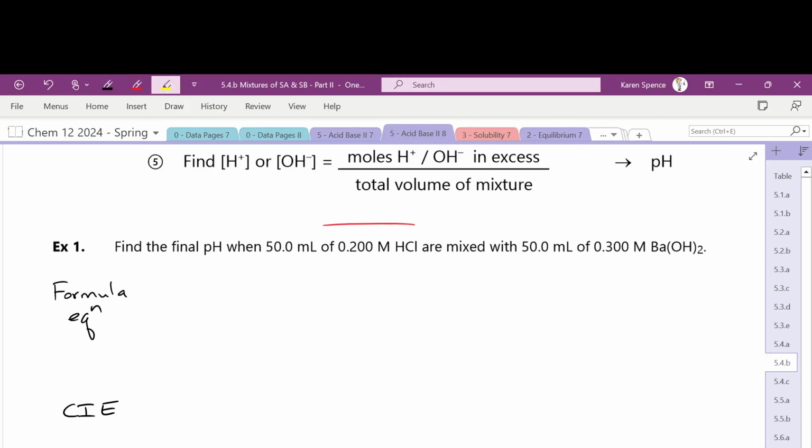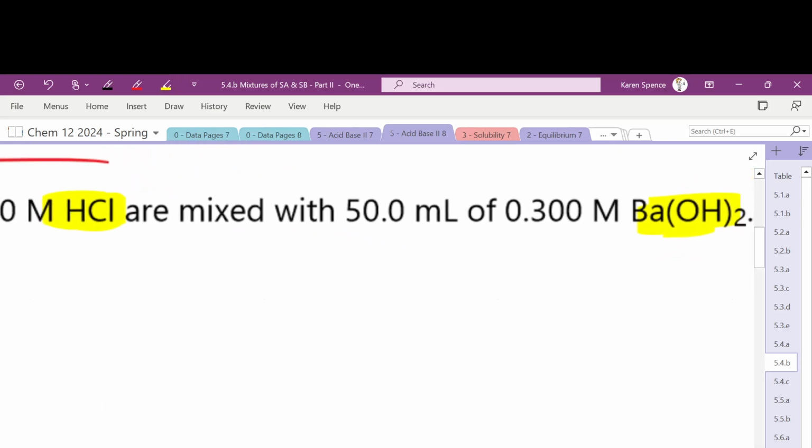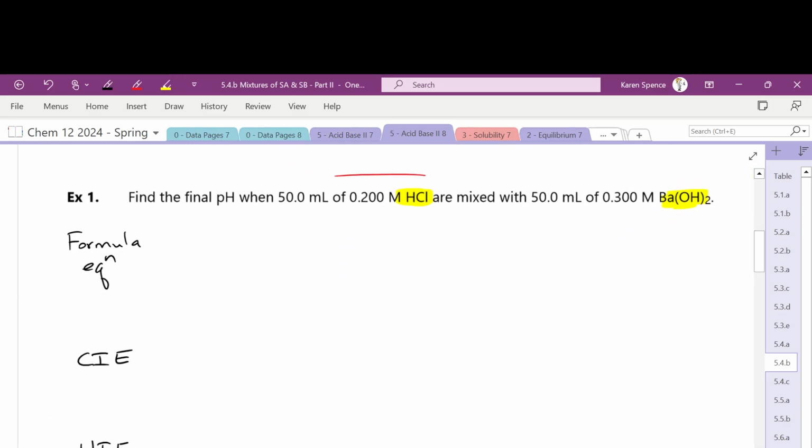So you are mixing HCl and BaOH2. So you're going to start by doing that. Please include the states. HCl and BaOH2. I'll start by writing the reactants.